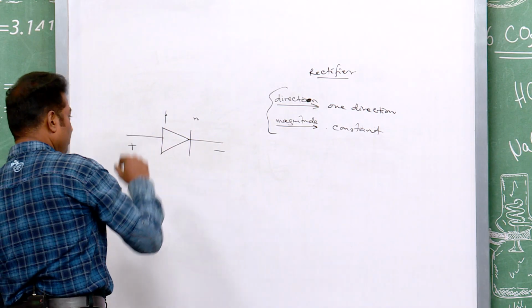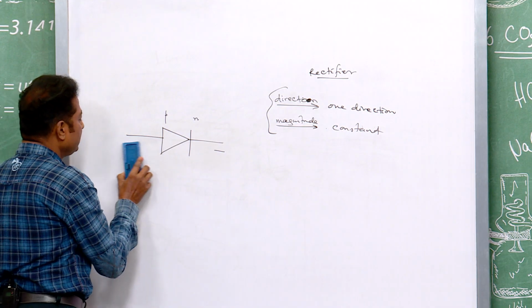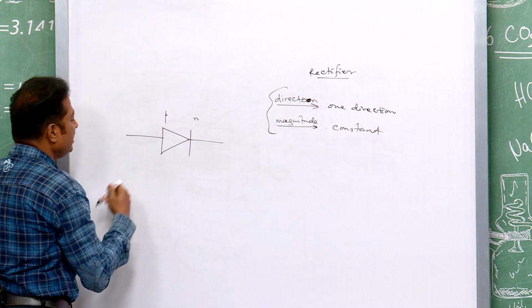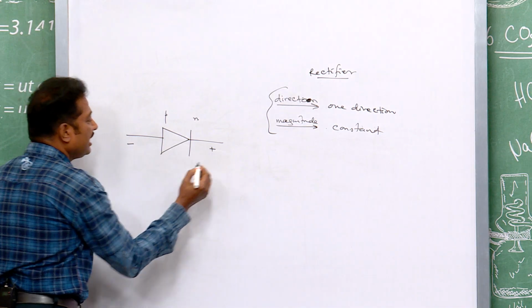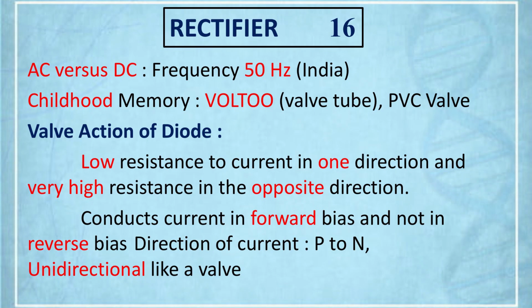But on the other hand, what happens if it is reverse biased, if the P side is negative and the N side is positive, meaning the P side of the diode is connected to the negative terminal of the battery and the N side of the diode is connected to the positive terminal of the battery, then it is reverse biased.